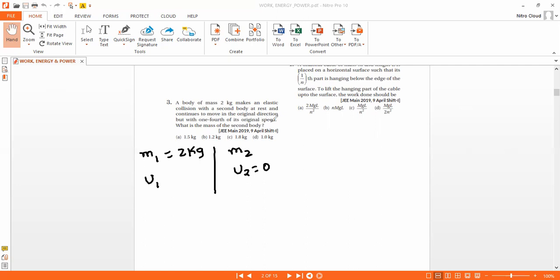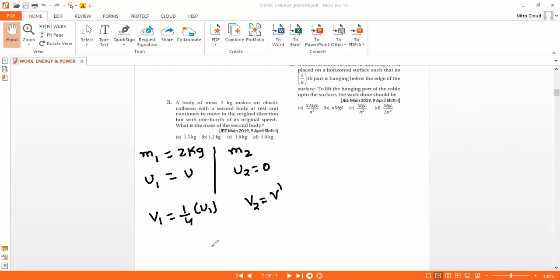And continues to move in the original direction, but with 1/4 of the original speed. That means V1 is equal to 1/4 of U. Let us consider U1 as U. Here they didn't mention the second body's velocity, so let us consider V2 as V dash.